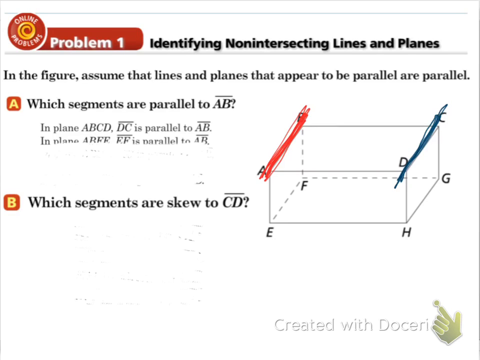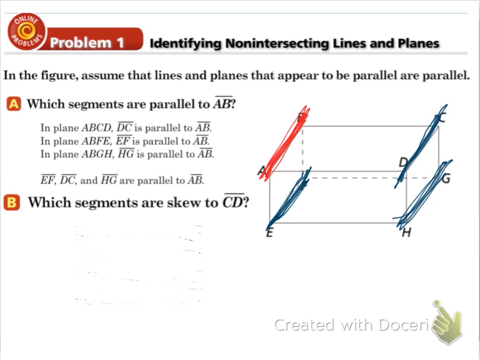The next one is EF, and EF is down here on the bottom, and it's also parallel to AB. And then of course we have HG, which is also parallel to AB. And so that's our final answer: EF, DC, and HG are all parallel to line segment AB.